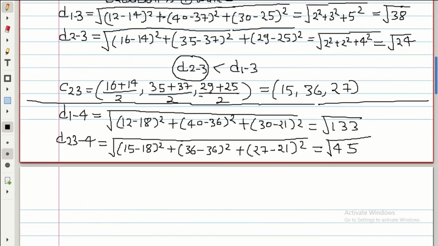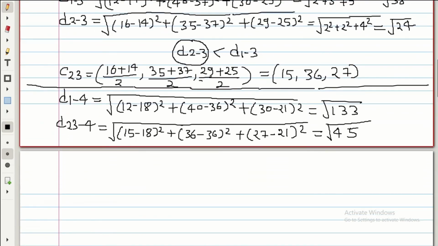Now again see that D3 to 4 distance is less than D1 to 4.